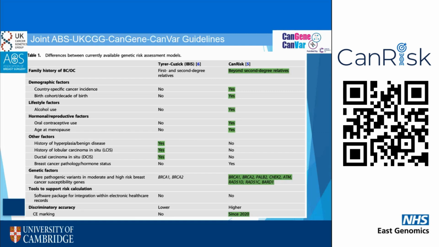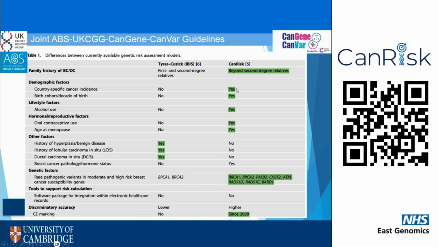There's different softwares available that can do this. One of the big other ones is Tyrer-Cuzick, that's used by several centres. There's some differences between CanRisk and Tyrer-Cuzick. So CanRisk looks at beyond first and second degree relatives.